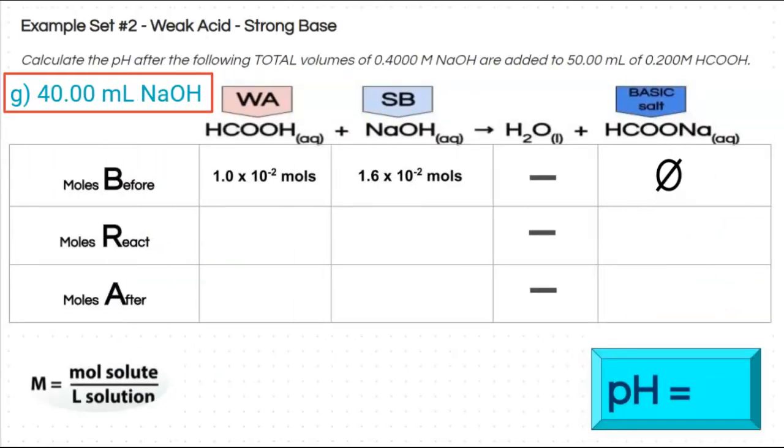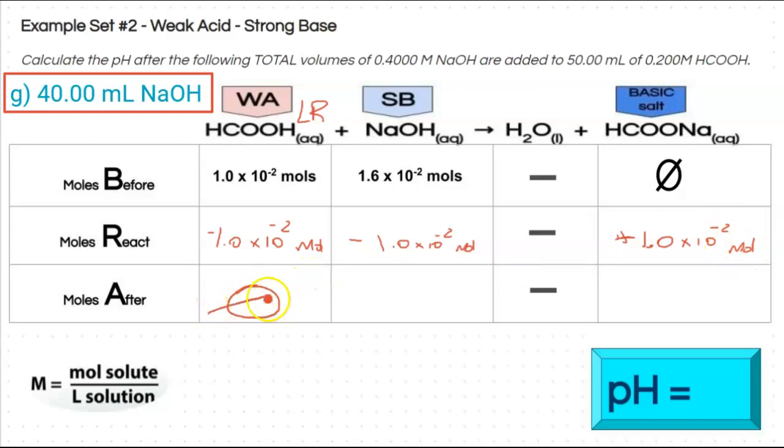Okay. Moving on to the final calculation is going to be just the same as the last. Okay. I'm going to have the weak acid is now my limiting reactant. I'm going to use up all 1 × 10⁻² moles of my weak acid. I use up an equal amount of the base, and I do form 1 × 10⁻² moles of the conjugate.